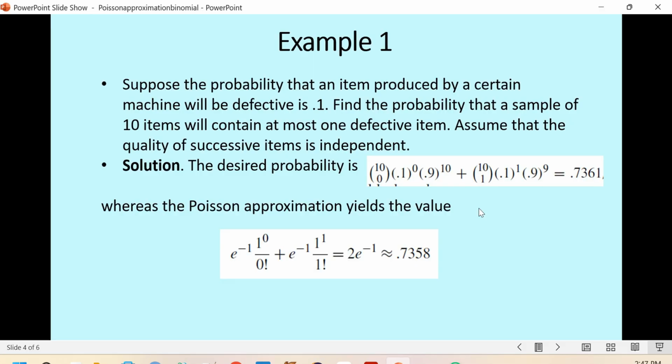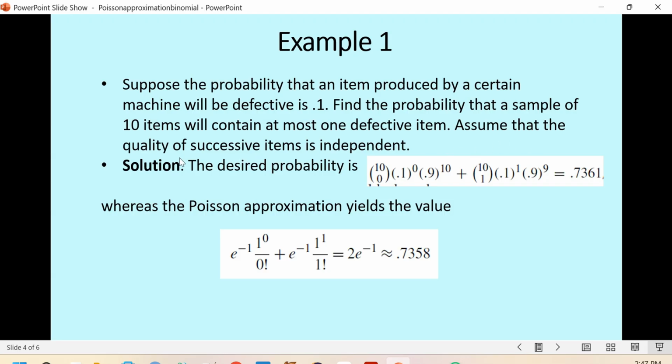Next we show 2 examples. The first example: suppose the probability that an item produced by a certain machine will be defective is 0.1. Find the probability that a sample of 10 items will contain at most 1 defective item.